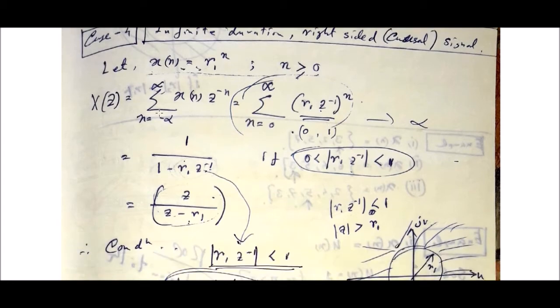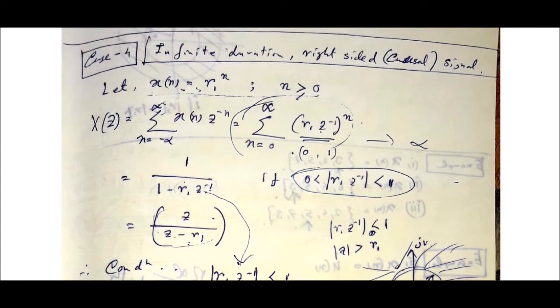Now do the z transformation. Since it is an infinite duration signal, the z transformation starts from minus infinity to infinity: x[n] z to the power minus n. Now since it is a causal signal, the samples exist only at the right side of the y-axis. So n equal to minus infinity up to 0 should be excluded.